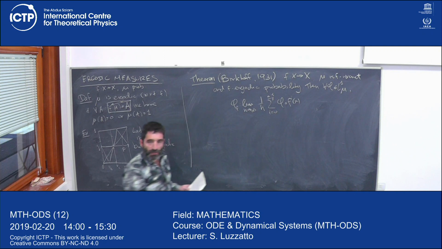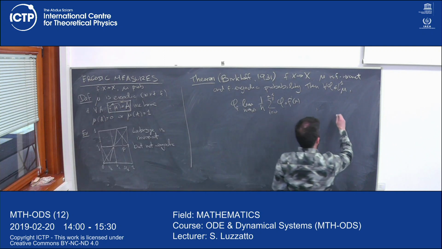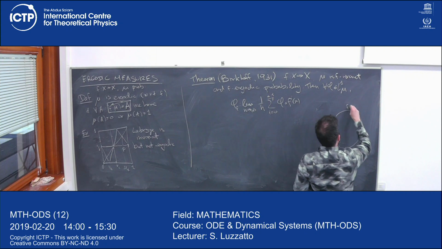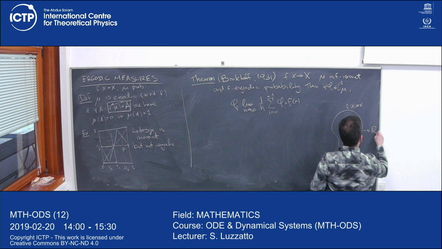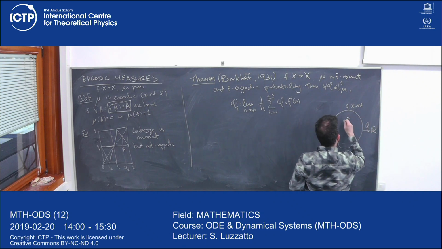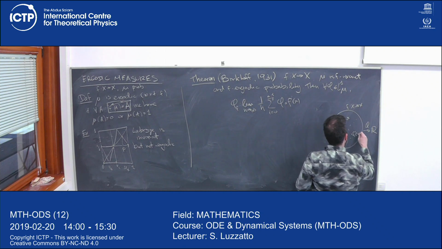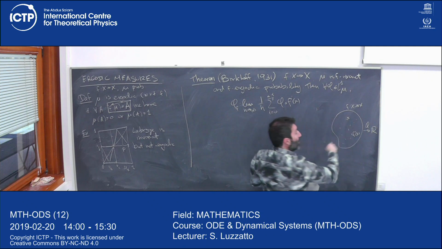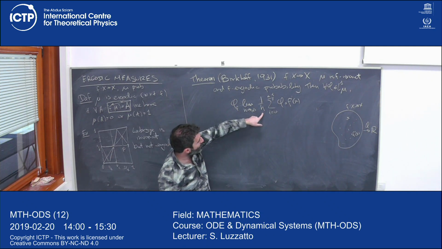So remember what this quantity is? Yeah, we looked at it last time. We have our system f: X to X, then we have our function phi, right? And then we look at the orbit, we have point x, and we have all the iterates of x, and we evaluate phi along the orbit of x, and we take the average value of phi, right?